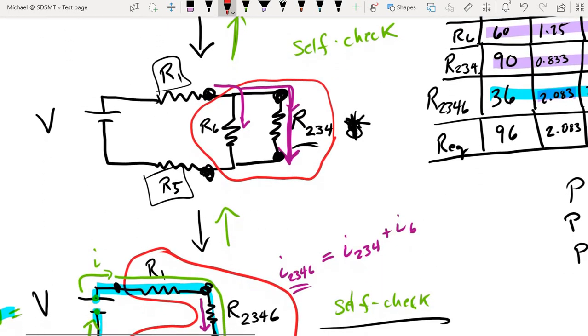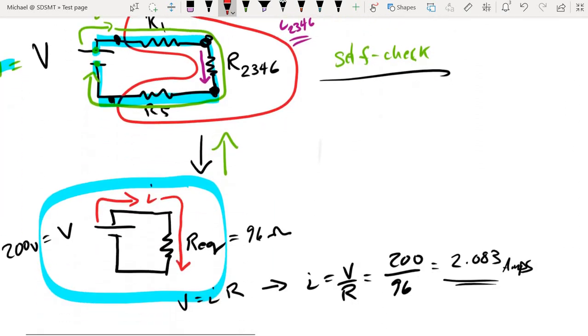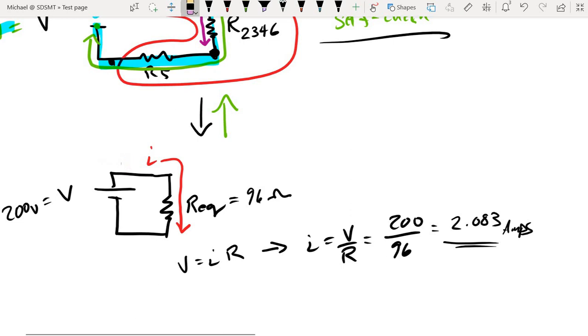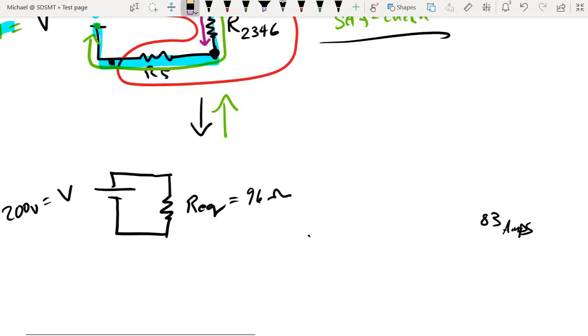Very, very simple. We're going to go back down to this diagram right here. Remember, the whole purpose of having the equivalent resistor was that it would do the same job as the rest of the circuit.